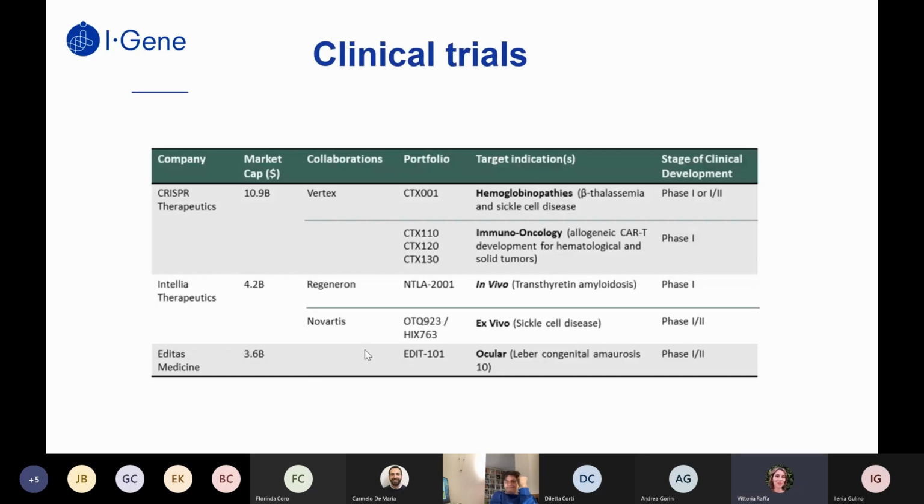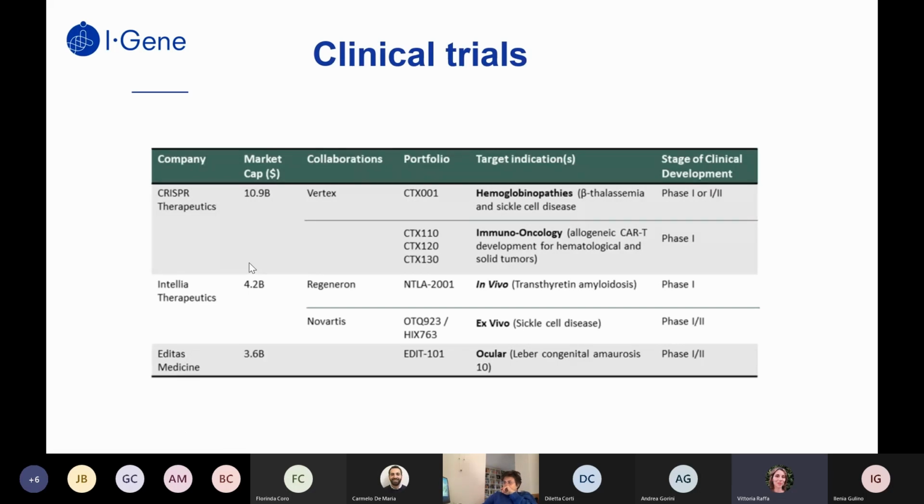In theory, we can use genome editing to cure any incurable disease. Practically, we still have problems related to safety and delivery, and this is why, yes, the CRISPR-Cas9 system is entering clinical trials, which means trials on humans, but the list of trials is very, very short.